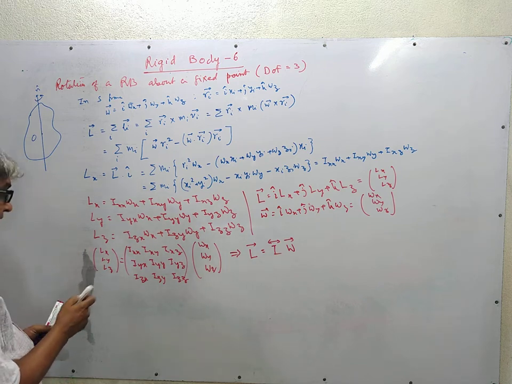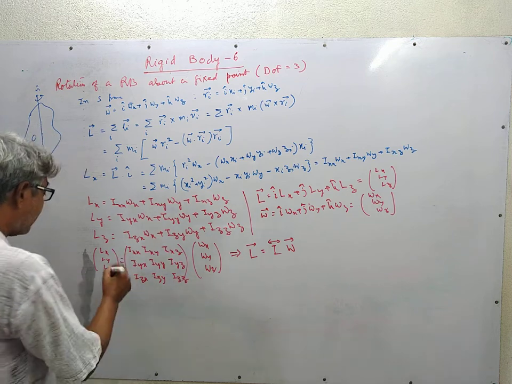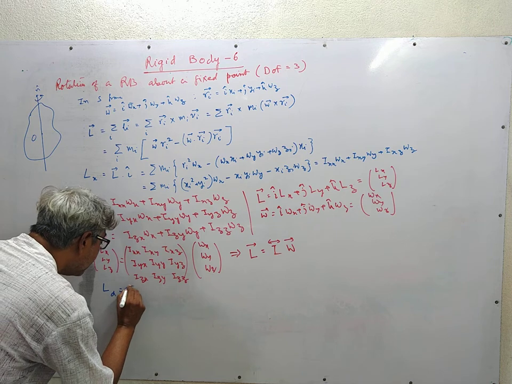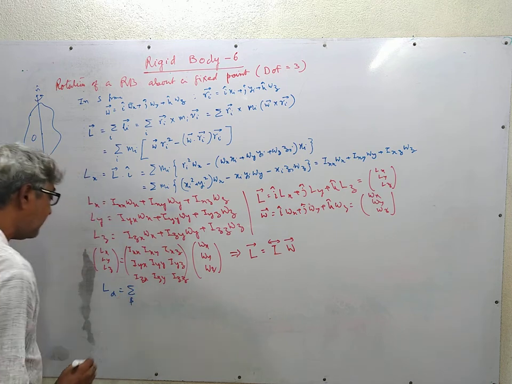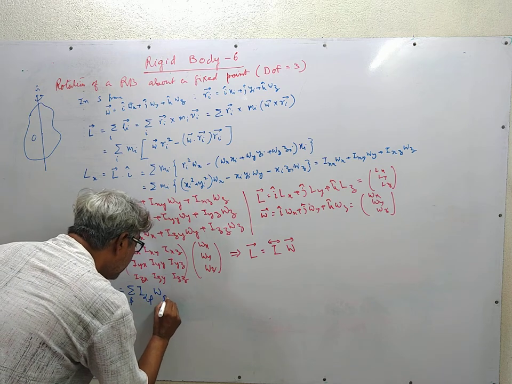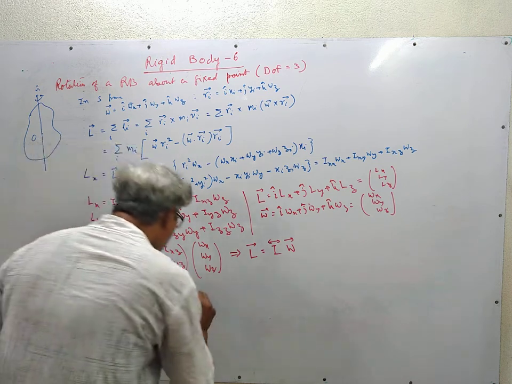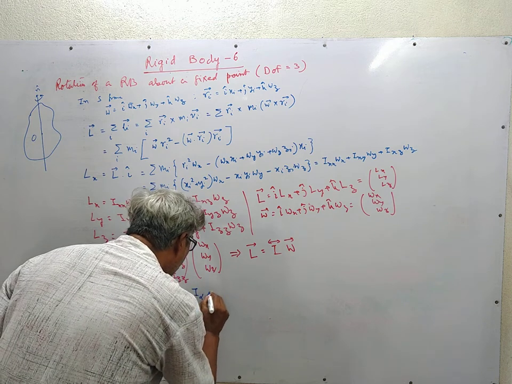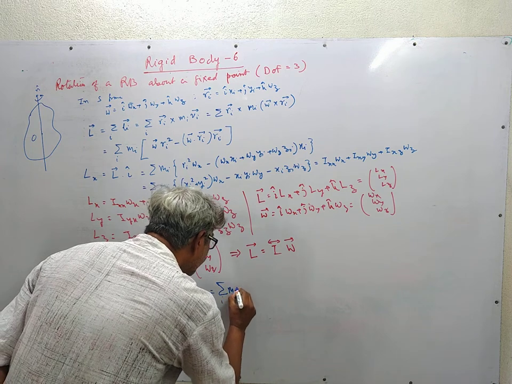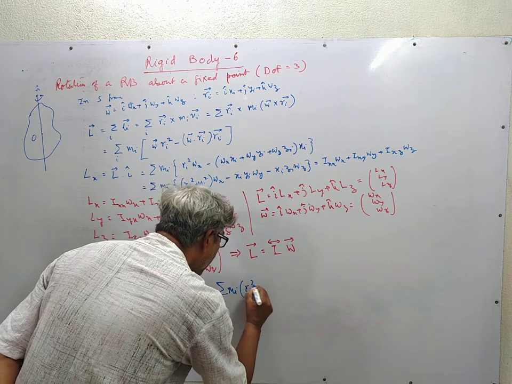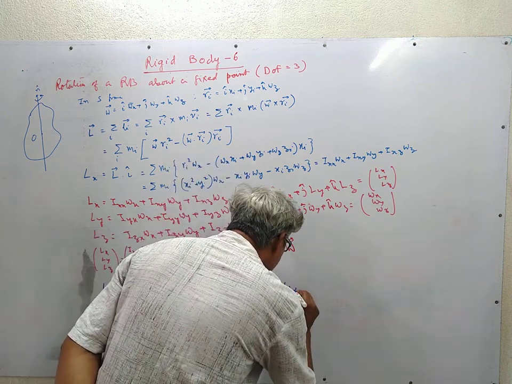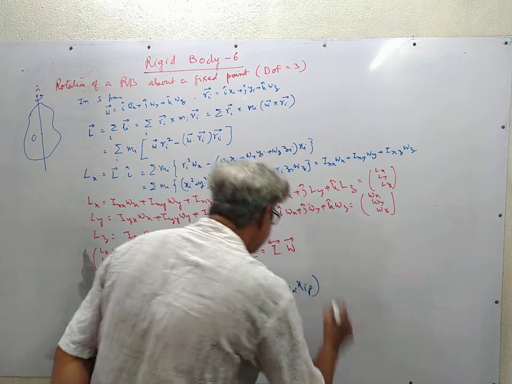There is an equivalent way of writing this matrix in its component form, which is L alpha equal to summation over beta of I alpha beta omega beta, where the I alpha beta were defined for a given instantaneous axis of rotation as mi ri squared delta alpha beta minus xi alpha xi beta.